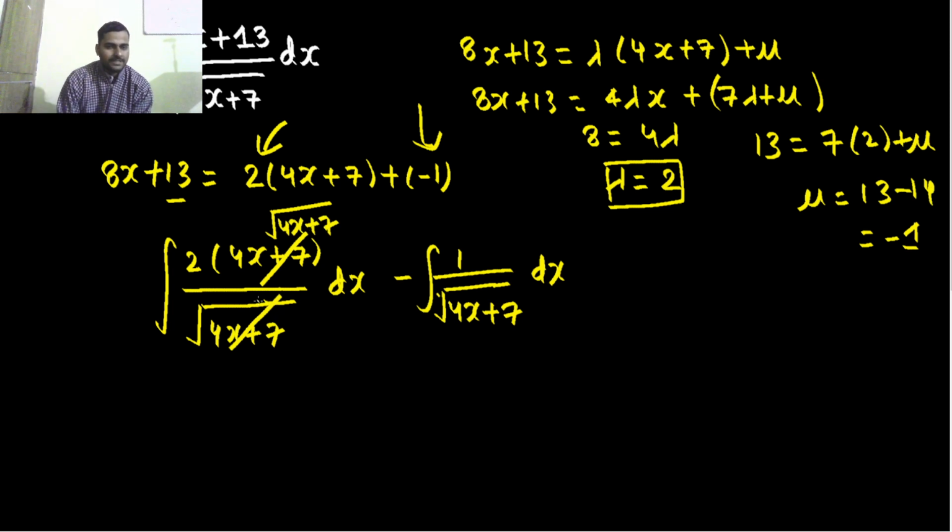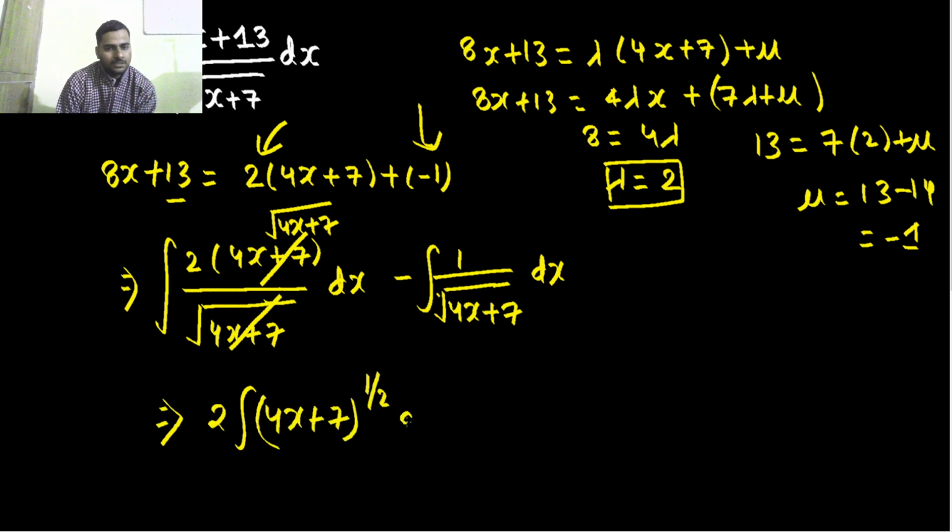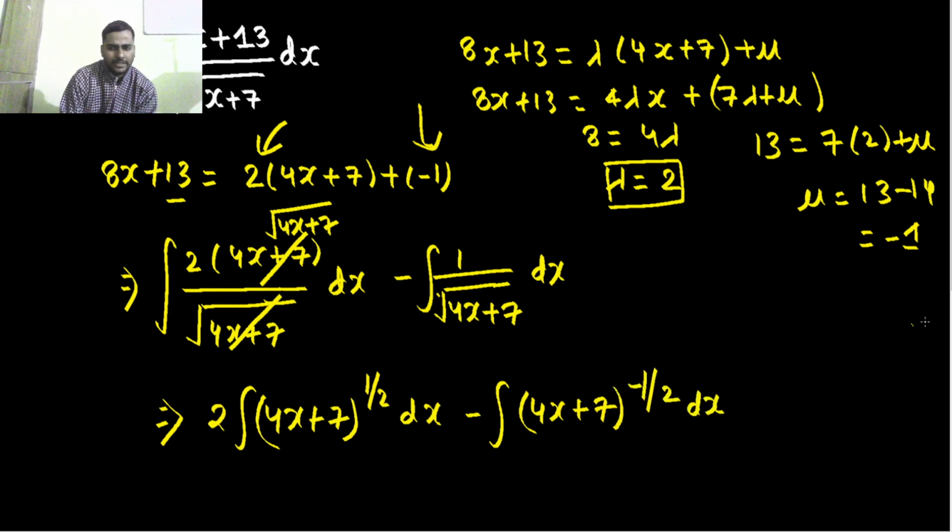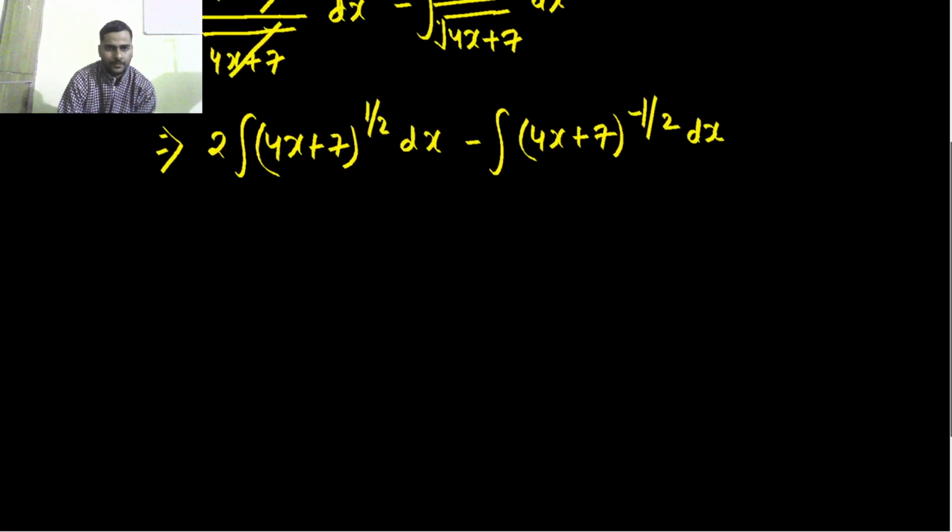One under root is cancelled and you are left with 2 outside, and this can be written as 4x plus 7 power half. And this can obviously be written as 4x plus 7 power minus half. When it was in the denominator, power was plus half. When it came in the numerator, power became minus.